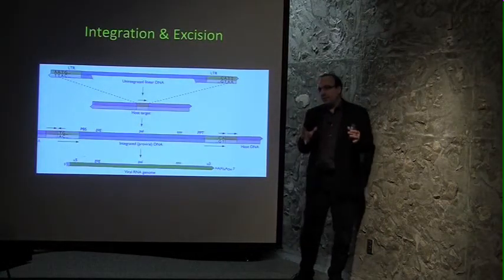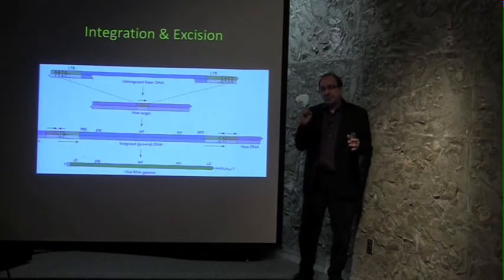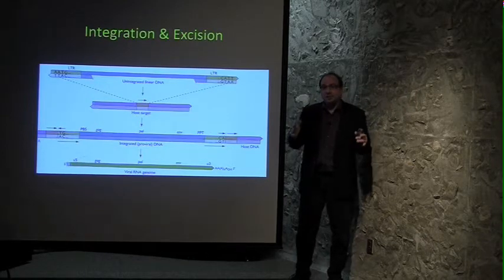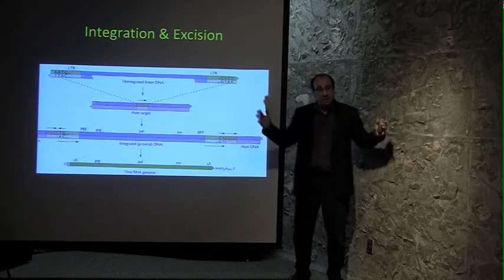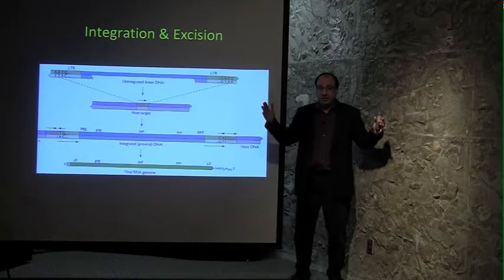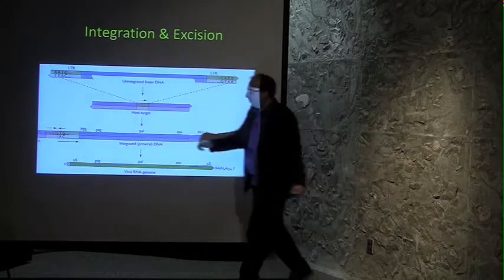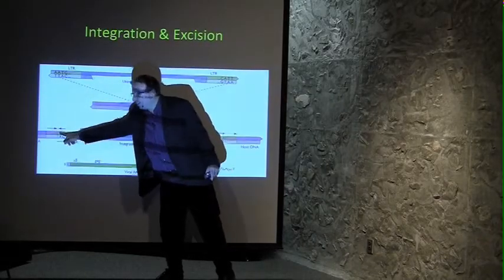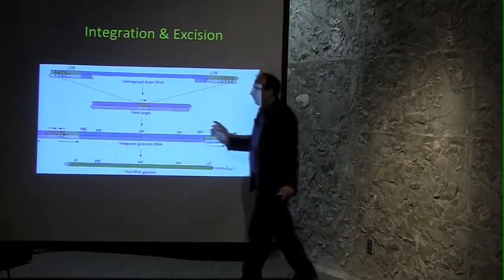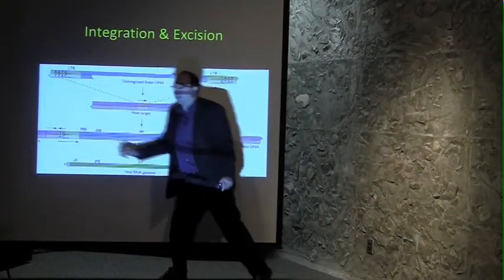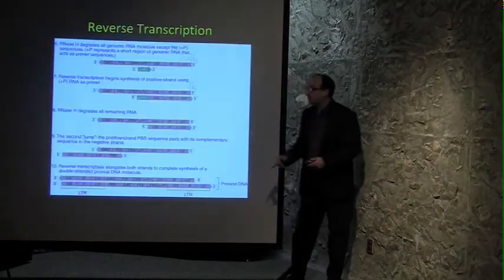Now, it's important to realize that the mRNA that's produced from the integrated copy of the viral genome is not the full-length copy of the DNA that got integrated into the host genome. So as you can see from this image here, it doesn't go from one end of the LTR to the other end of the LTR. In fact, it begins within the LTR and ends within the LTR.